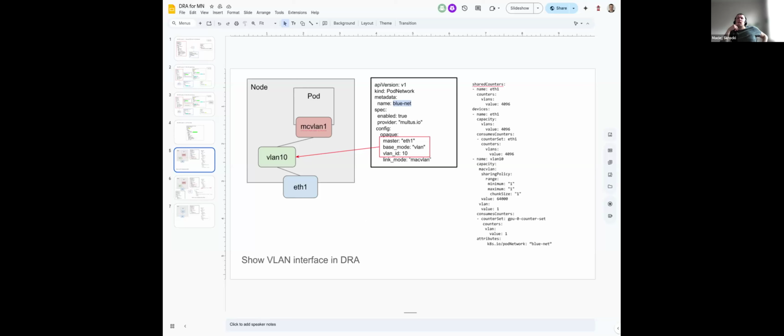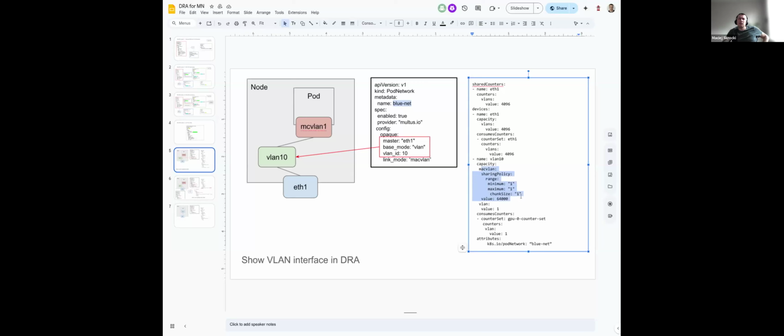To be honest with you, we can as well do this, right? What I was thinking here is that I defined capacity for the VLAN interface here, right?